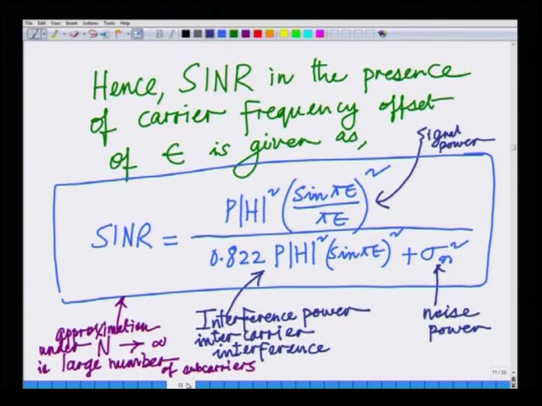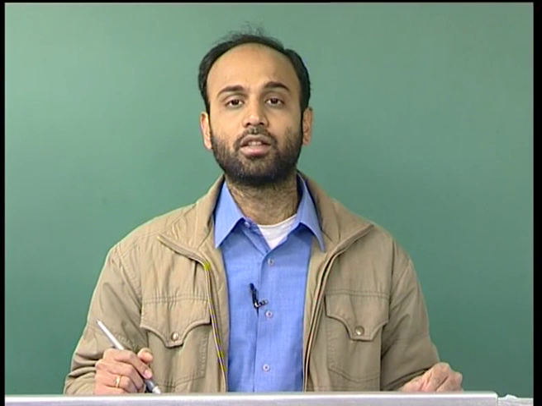The numerator is the signal power, the denominator is the intercarrier interference, that is the interference power plus the white Gaussian noise power. Alright, so as you can see, the interference power adds to the noise power, which results in a net degradation in the SNR.